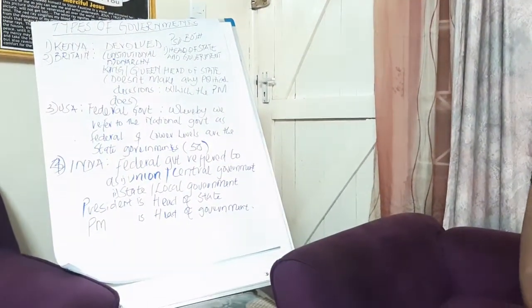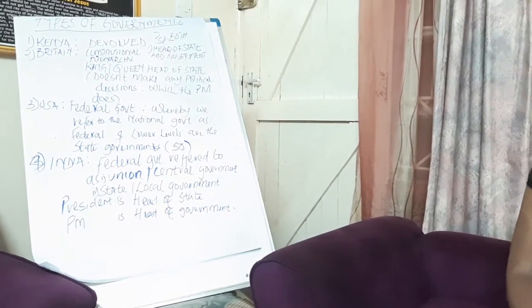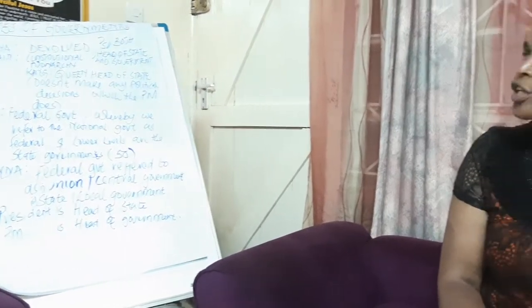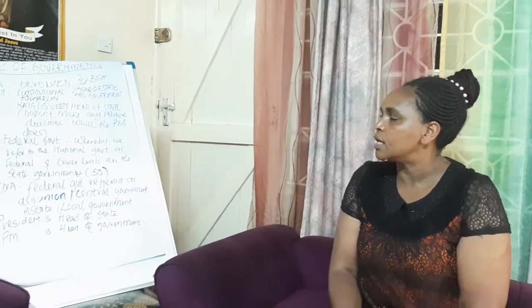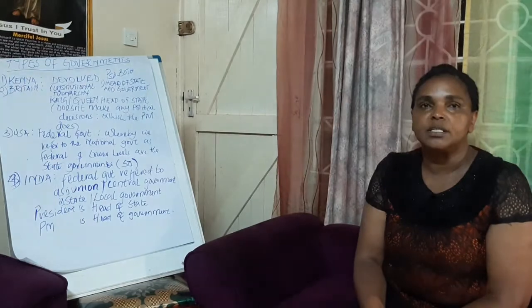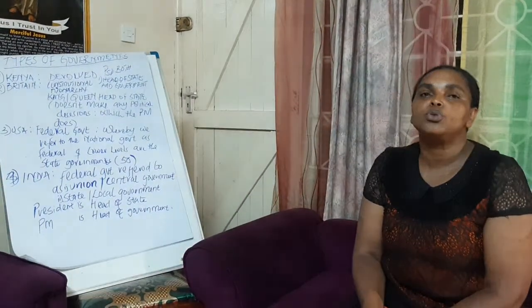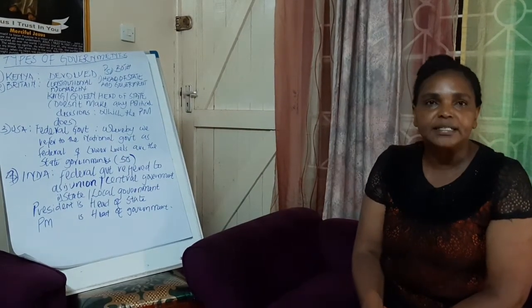Kenya has a devolved type of government. This is where we have the transfer and allocation of powers and authority from the central authority to the local levels. That is why we say that in Kenya we have 2 levels of government. Level 1, which is the highest, national government, and level 2, the county government. And we have studied about that.